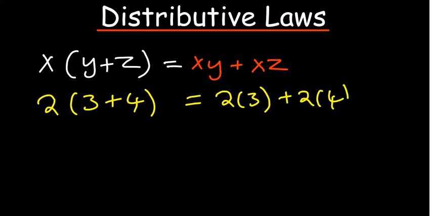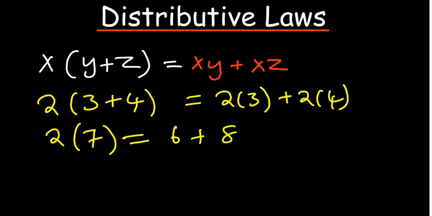I'm just applying the same concept that I did with the letters on top. So I can proceed and simplify it. 3 plus 4 in the brackets is 7. The other side, 2 times 3 is 6, 2 times 4 is 8. 2 times 7 is 14. 6 plus 8 is also 14. So we can clearly see that the distribution is true.